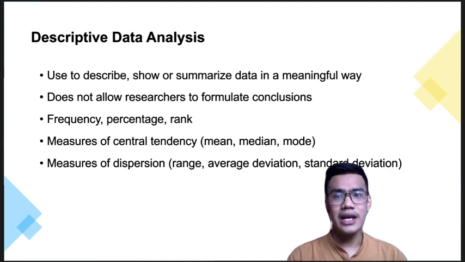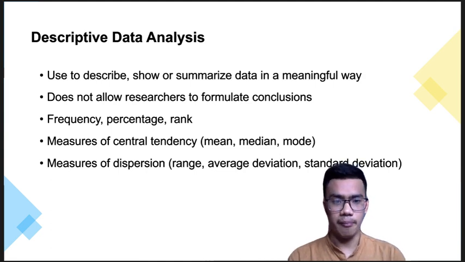So again, the most commonly used descriptive data analysis are the following. So we have the frequency, meaning you count how many responded to an item. Next, you'll get the percentage, and then you rank them. Okay, frequency, percentage, and ranking. Next, we have the measures of central tendency.